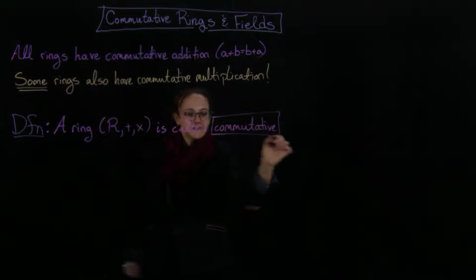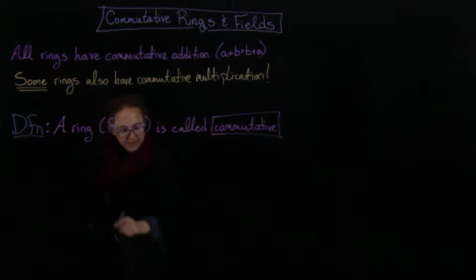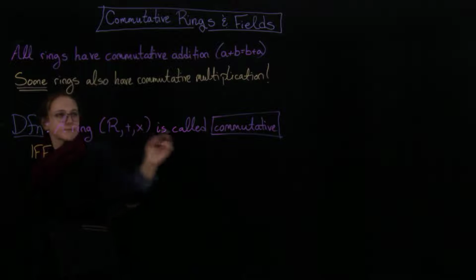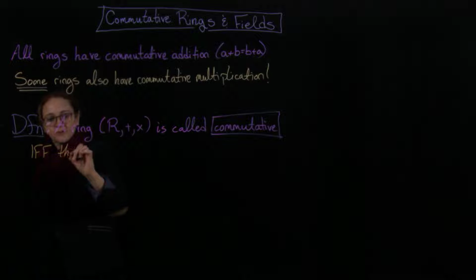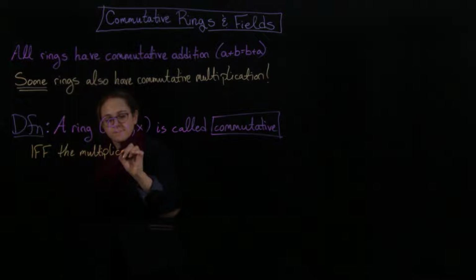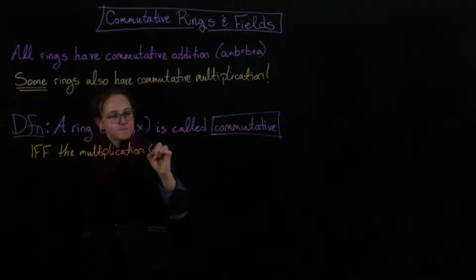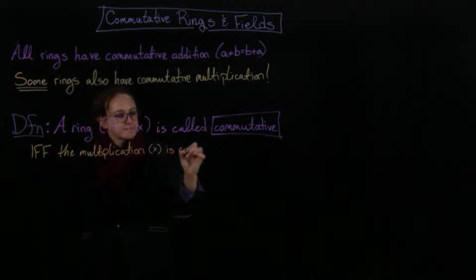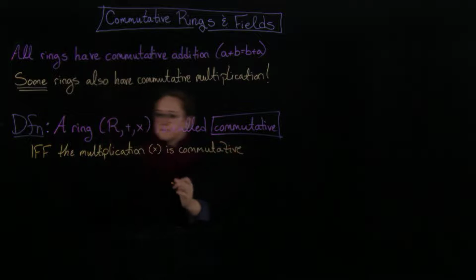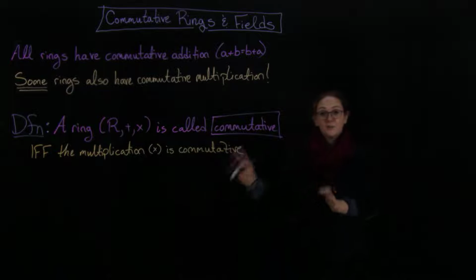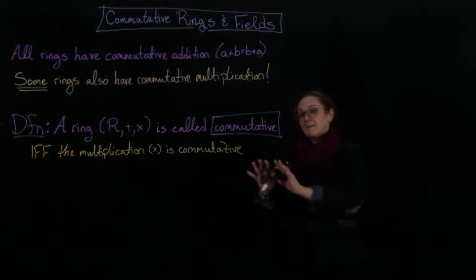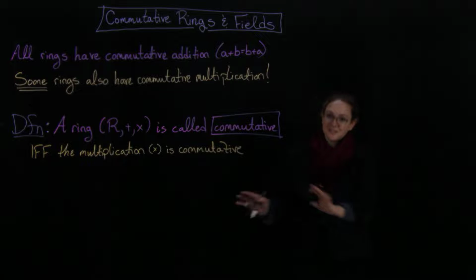It has something it has to satisfy. It's going to be commutative if and only if the multiplication, which you're denoting by x there, is commutative. In all rings addition is commutative, but if multiplication is additionally commutative, then it's a commutative ring.